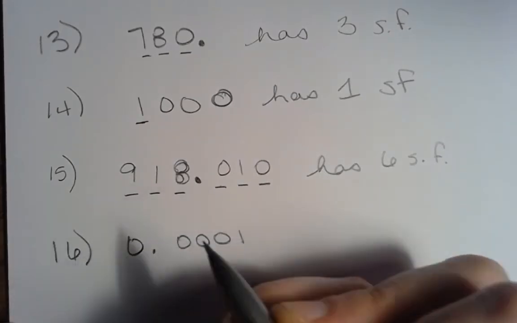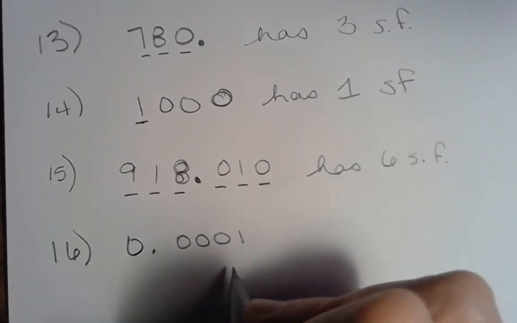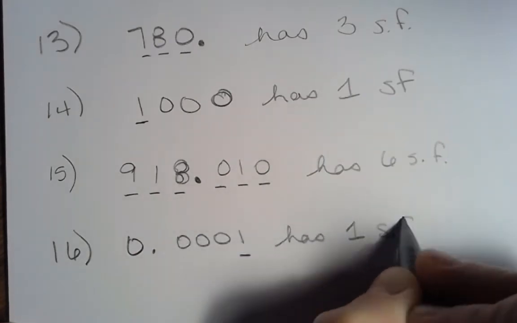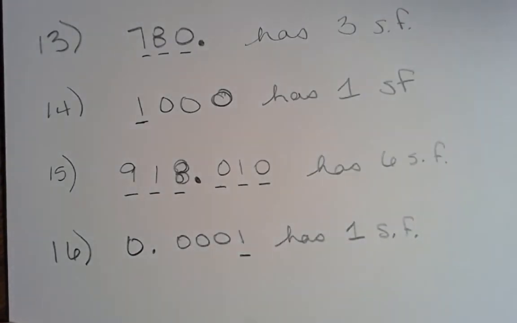0.0001. It's got 1 sig fig. Those are all beginning zeros. Beginning zeros are never significant. There is a decimal, but that's only relevant if it is an ending 0.